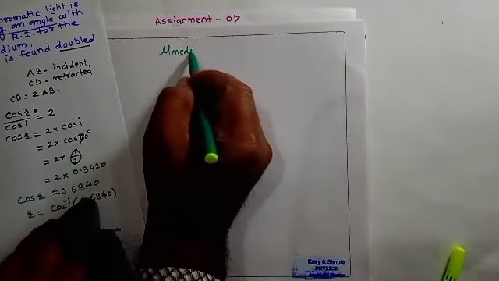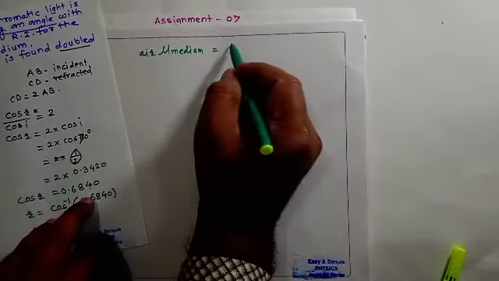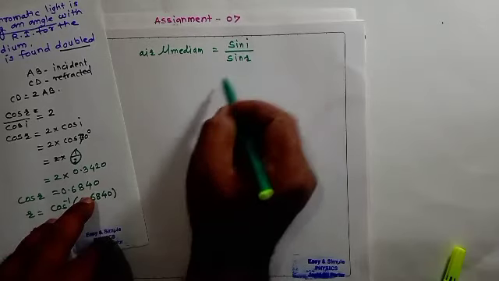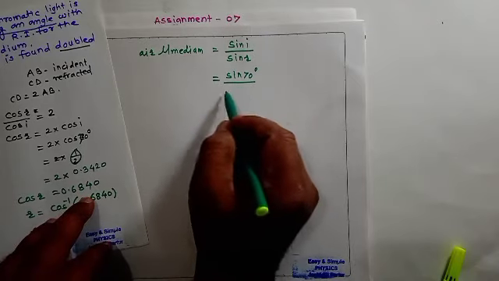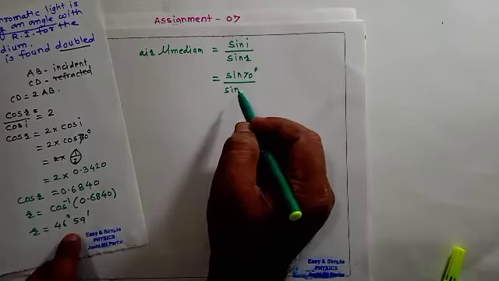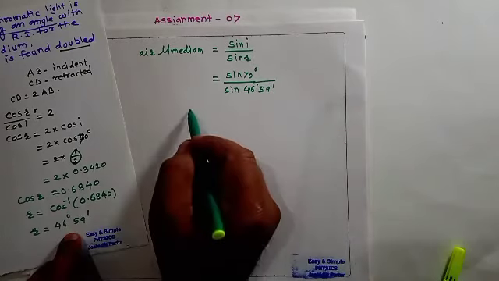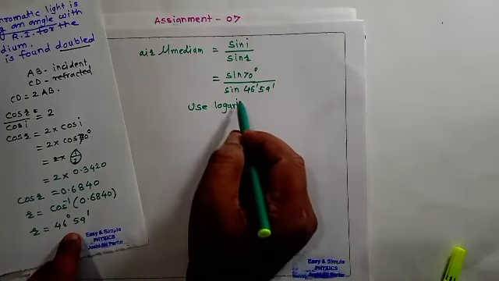Refractive index of medium by using Snell's law will be sine of I upon sine of R, means sine of 70 degree divided by sine of 46 degree 59 minute. Use logarithmic sine.